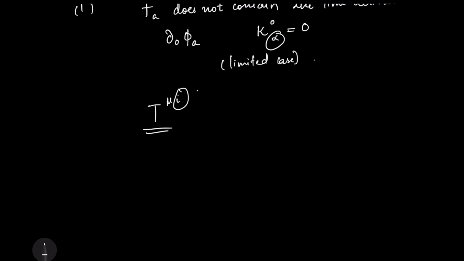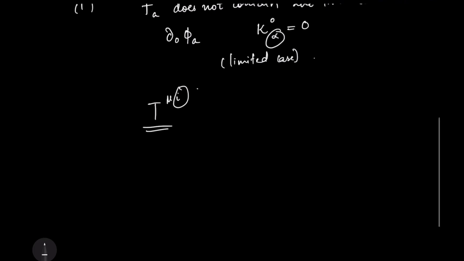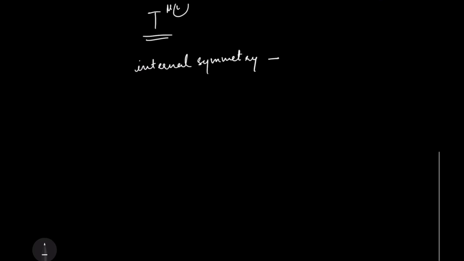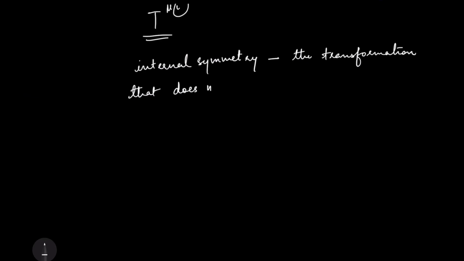So when we do spatial translation, then f a alpha does not involve time derivative. That is a direct case, and we can say that this also applies to internal symmetries. Internal symmetry means the transformations that do not involve the space-time coordinates.